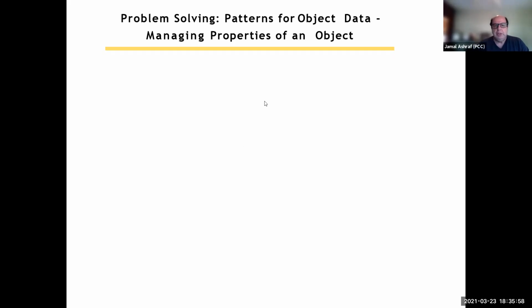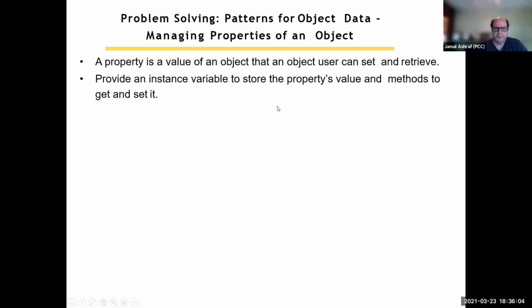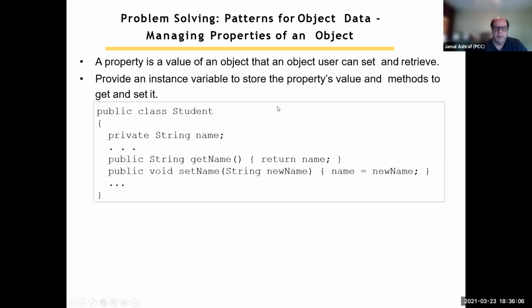So the next algorithm is about managing the property of an object. In this case, I have a student that has a property of a name. So I want to manage this one. Again, different students are not different classes.